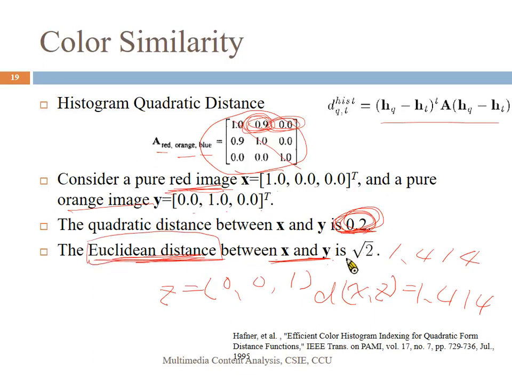This is the problem of the Euclidean distance. The distance between red and orange is equal to the distance between red and blue. If we take the quadratic distance, we may more accurately measure the color similarity, more matched with our human perception.